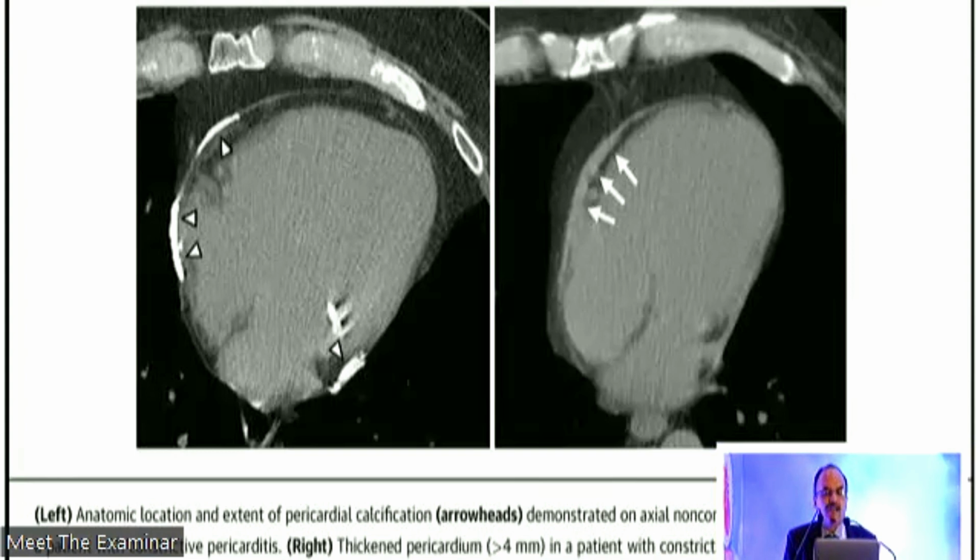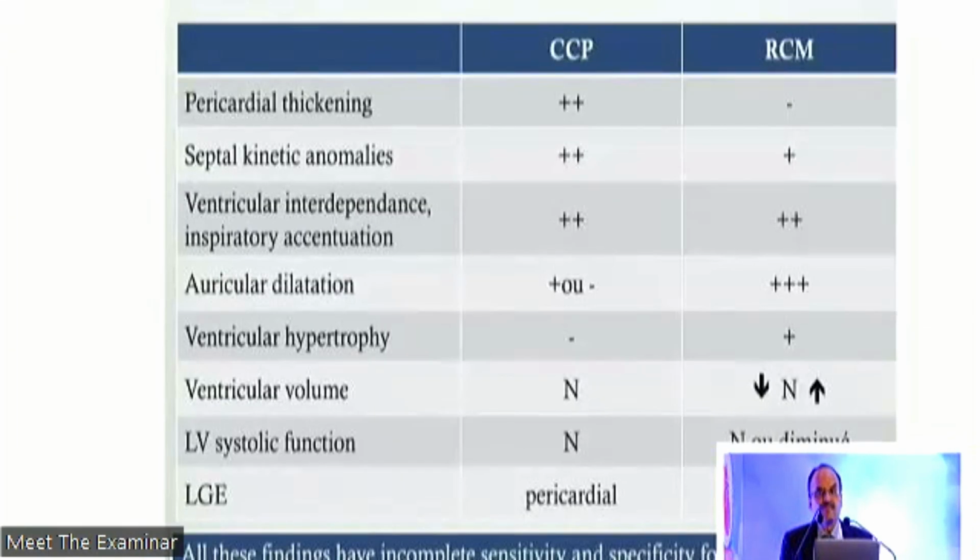And further down, we have CMR in everything right now. So in constrictive pericarditis, you have a pericardial thickening. In CMR, again, you see those septal kinetics very well. So if you are seeing septal bounce and movement of the septum towards the left ventricle and right ventricle, then this is suggestive of constrictive pericarditis.